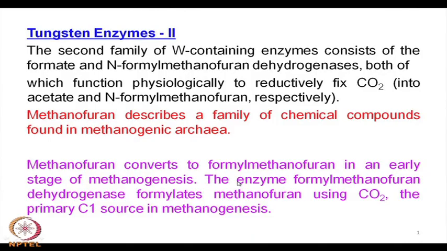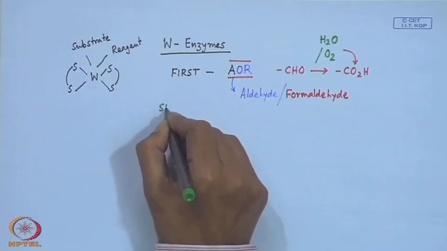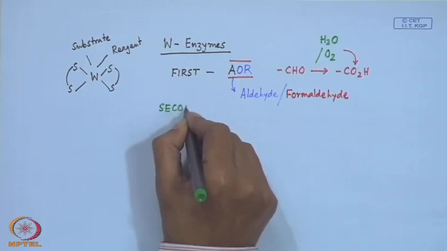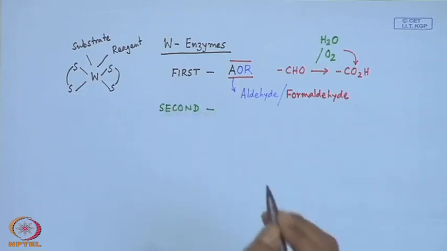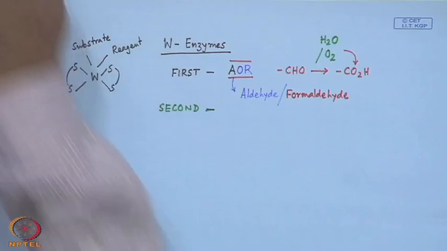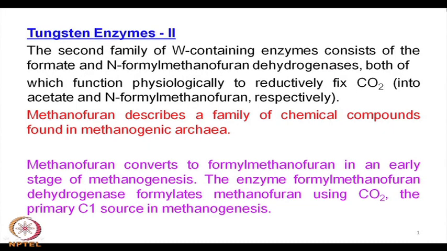So, when we go to the second family of these tungsten-bearing enzymes, the second family consists of the formate and N-formyl methanofuran dehydrogenases. So, the second group will be working on formate.